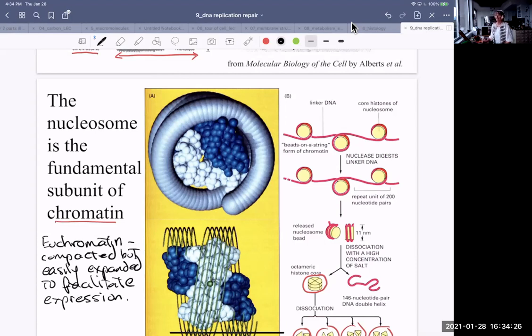So you can't go making messenger RNA from a compacted strand of DNA, not at all.